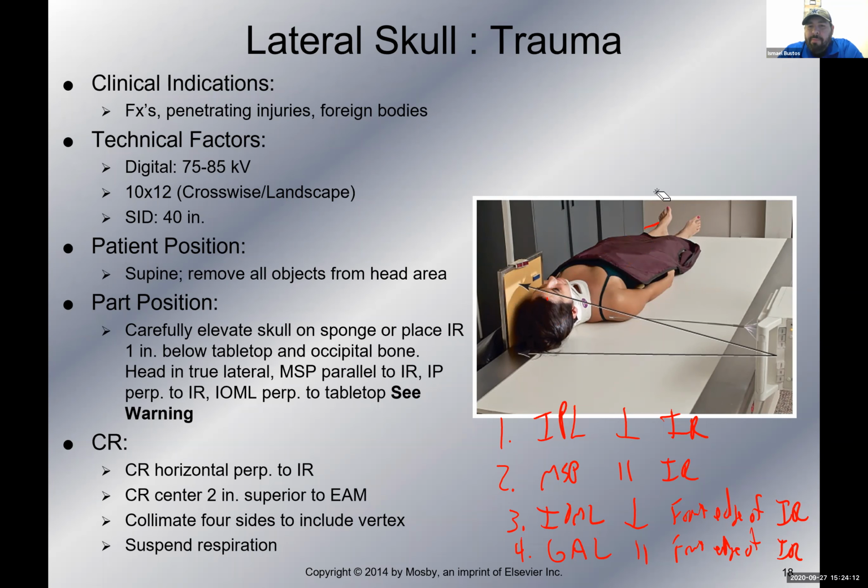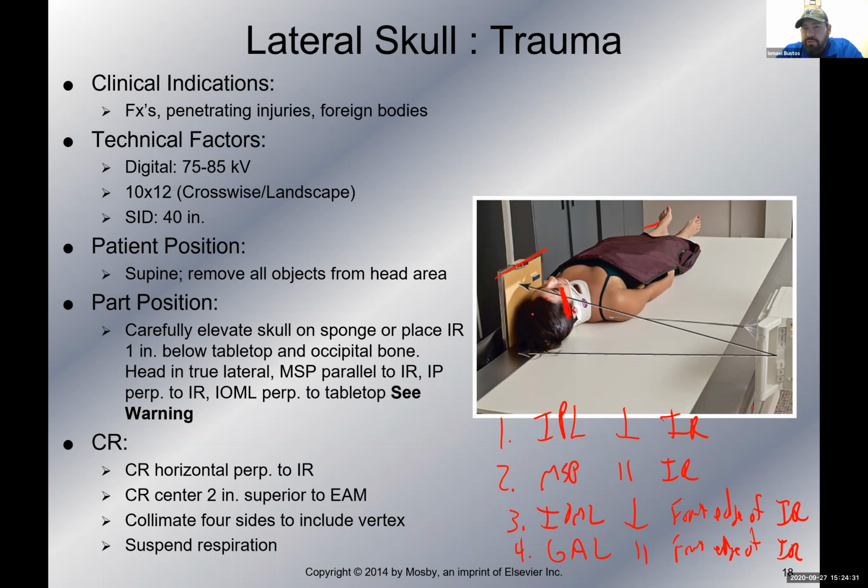Then you have the IOML perpendicular to the front edge, right? So what that means is that if I was to draw the line from the bottom of the orbit to the ear, right? That line there should be perpendicular to this front edge. Okay.